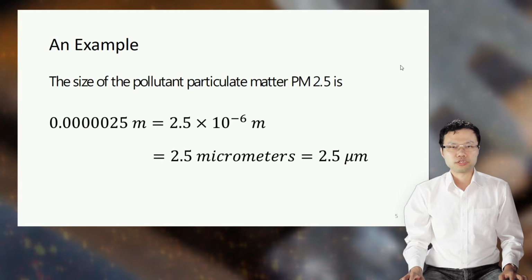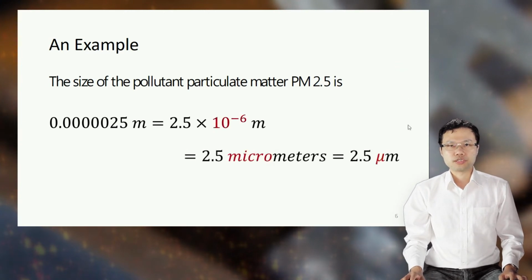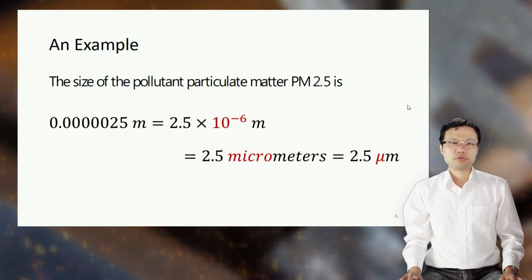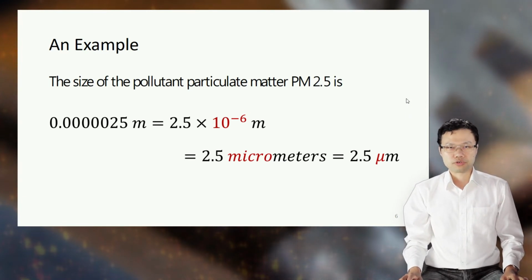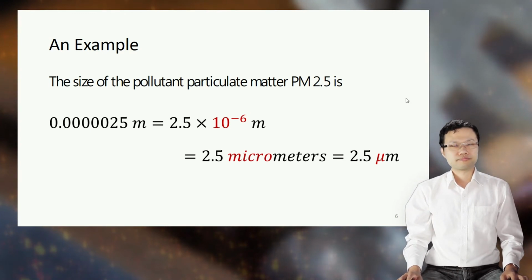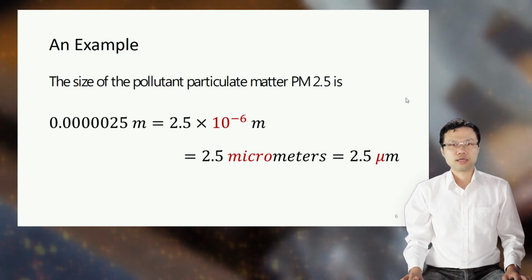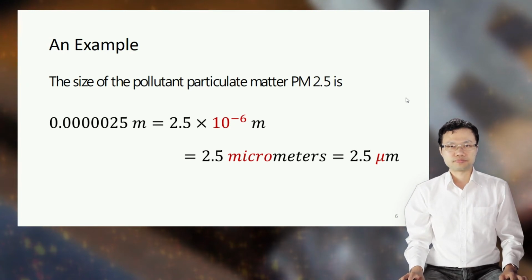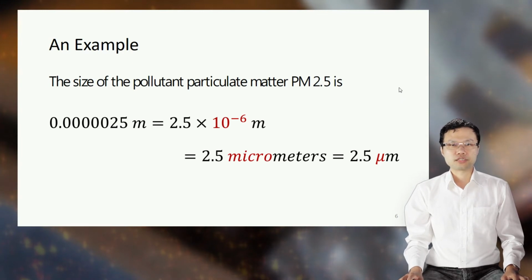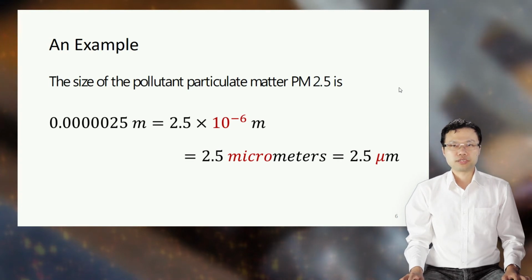In such expressions, the order of magnitude 10 to the power of minus 6 in the number part is replaced by the prefix micro attached in front of the unit, such that the meter becomes micrometer, and only 2.5 remains in the number part. The prefix micro can also be symbolized by the Greek letter mu, so the unit becomes μm.